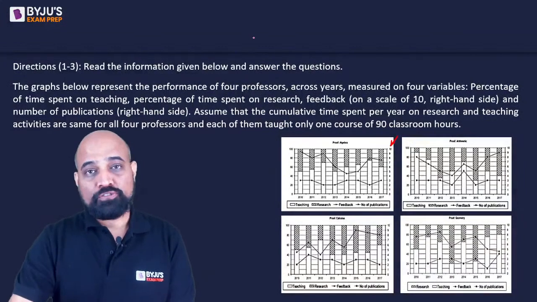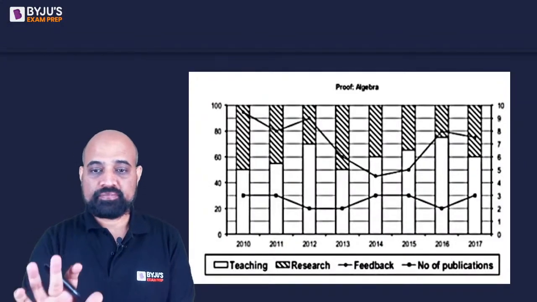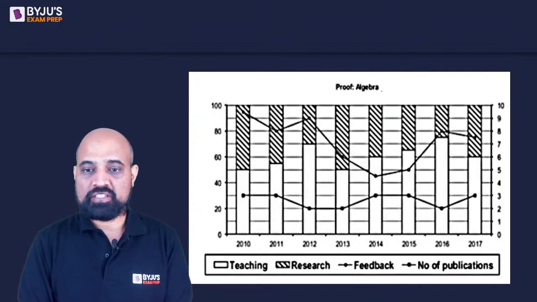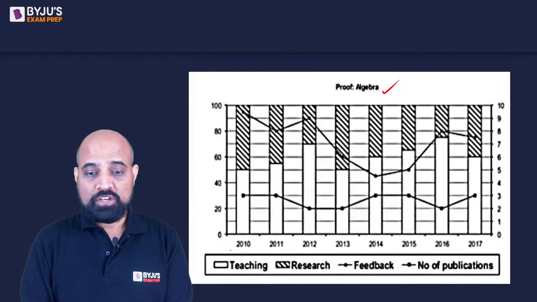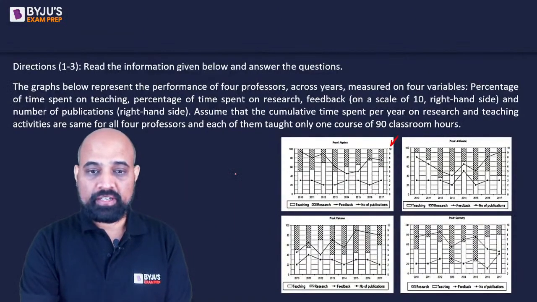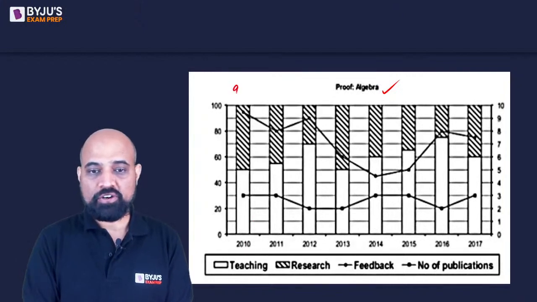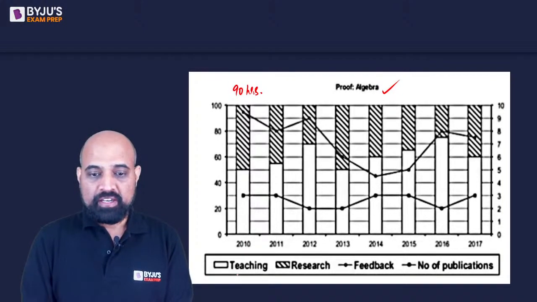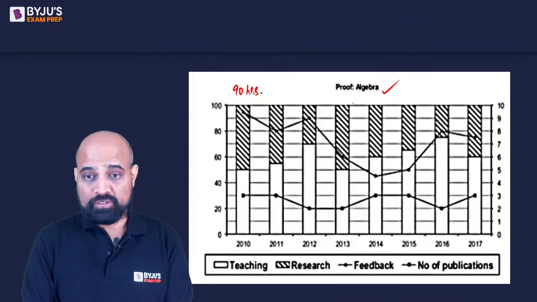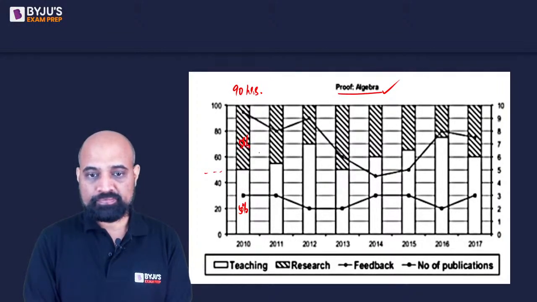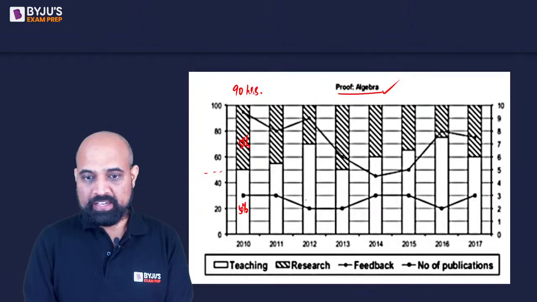Since these 4 graphs are not clear, I have taken up one of them. This is an algebra professor. In the year 2010, out of the 90 hours that the professor has spent on teaching algebra, he has spent 50% on teaching and 50% on research, and he has got a feedback score of 3.